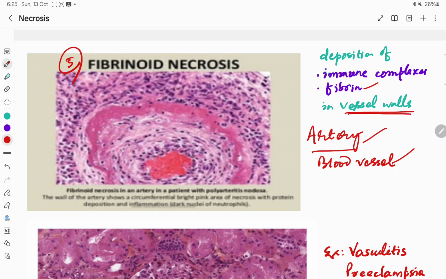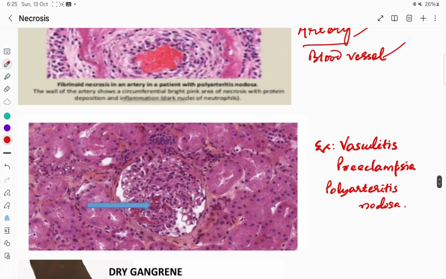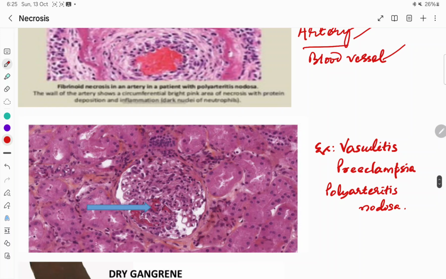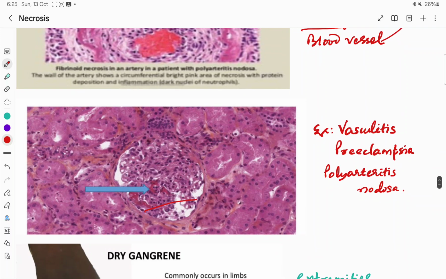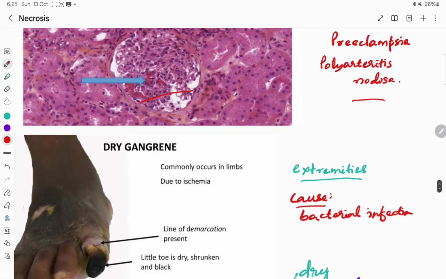This leads to a circumferential bright pink area of necrosis, and there is presence of dark nuclei of neutrophils. Some of the examples are vasculitis, preeclampsia, polyarteritis nodosa. So these are some of the examples of fibrinoid necrosis.